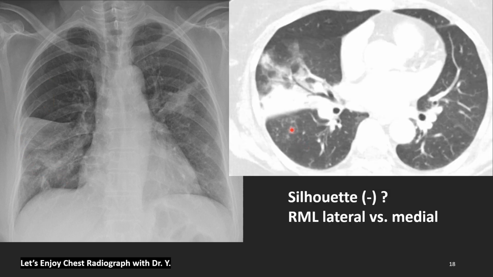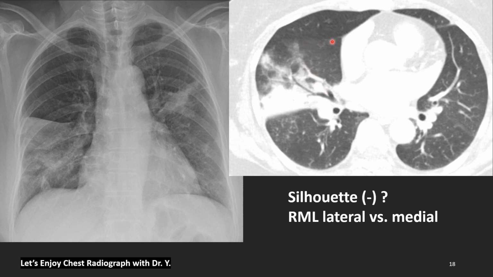Let's look at the answer from the actual CT lung window setting images. This is the middle lobe, the medial segment bronchus, and the lateral segment bronchus. This is all middle lobe. Yes, the middle lobe has two segments.